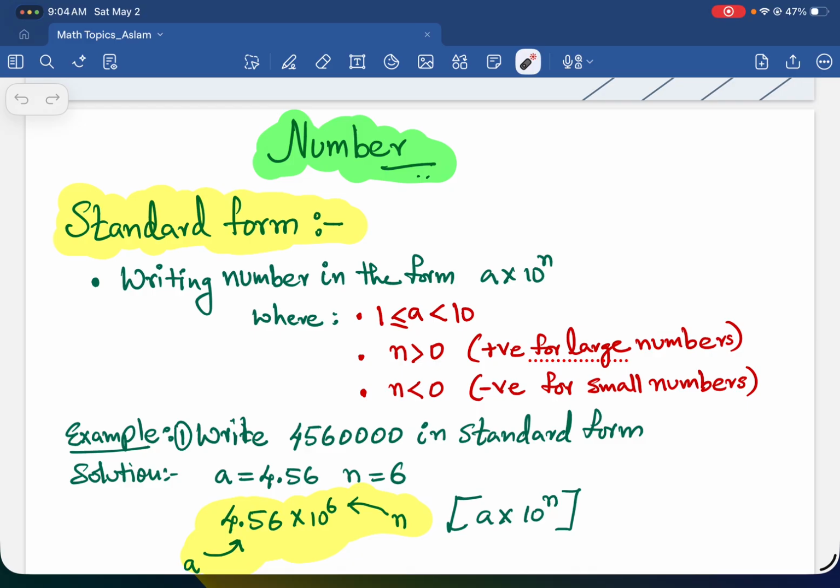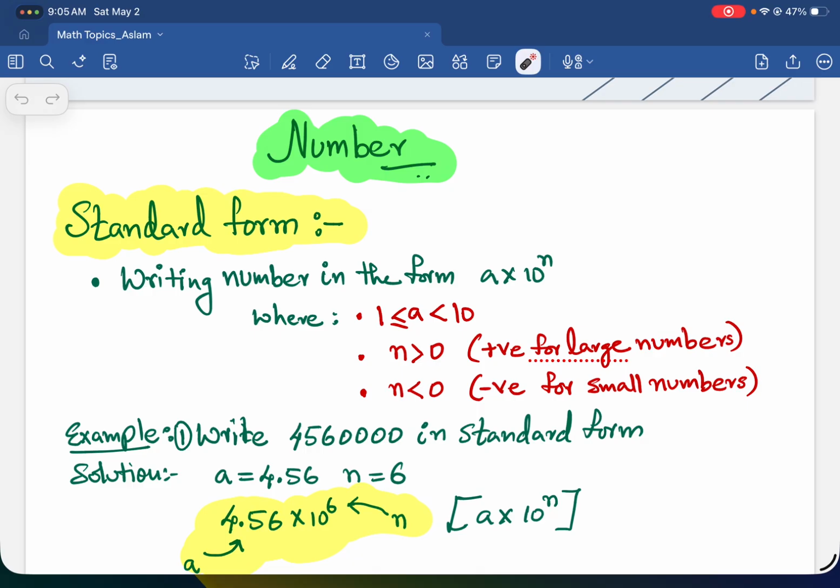Suppose, for example, we have to find out the distance from Earth to Sun, which is really far from Earth. If we write the number in a conventional method, it will be a very large number. So writing that number in a simpler way, where we can read and write it easily, is called standard form.